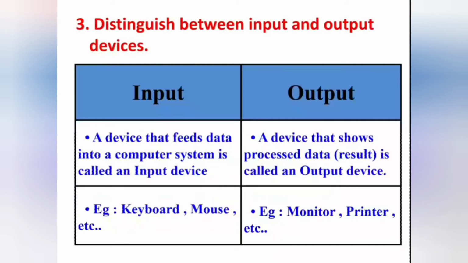Next one, output. A device that shows processed data is called an output device. For example, if we give the number 5 through the input device, that is, through the keyboard, when we press the 5 key on the keyboard, that number 5 is displayed on the monitor.